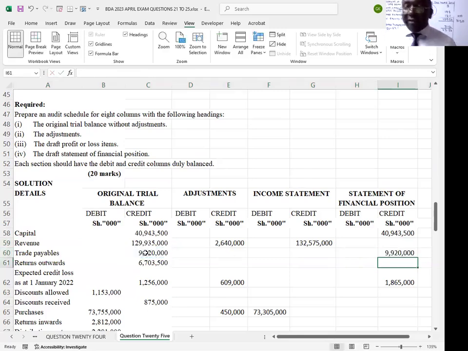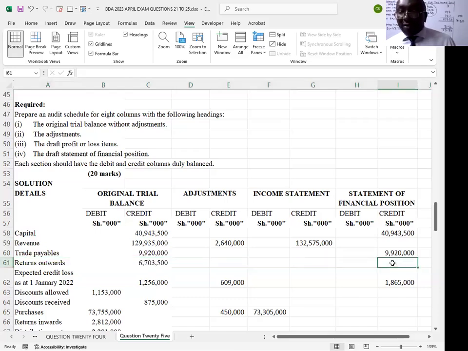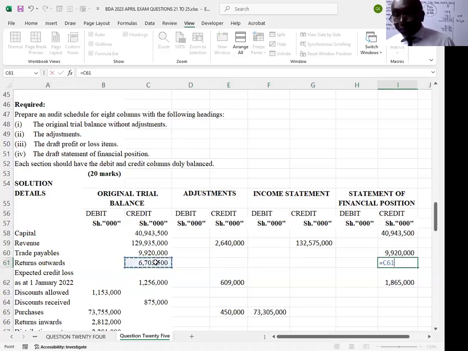Is a credit balance. Returns outwards. No adjustment. So they belong to the credit of statement of financial position.